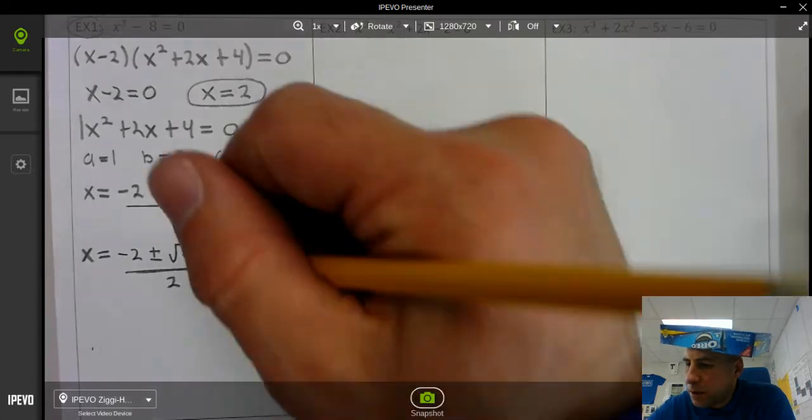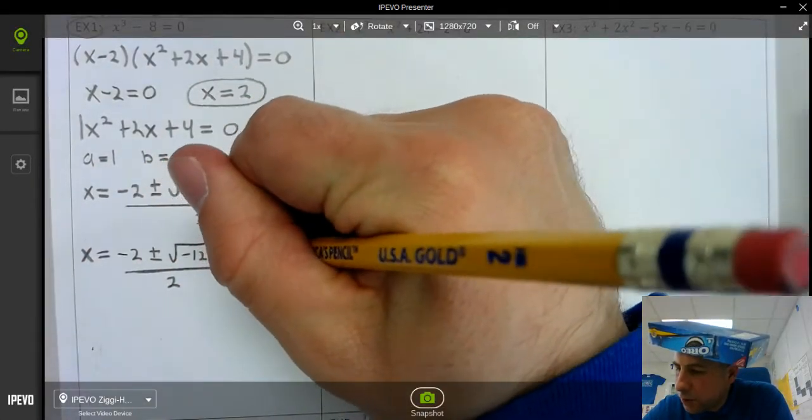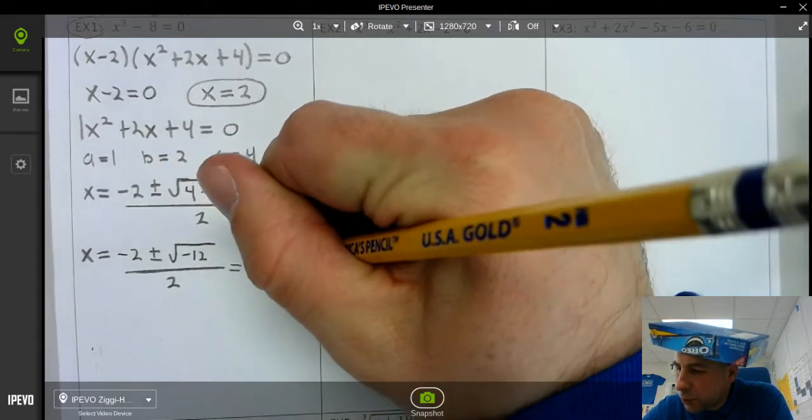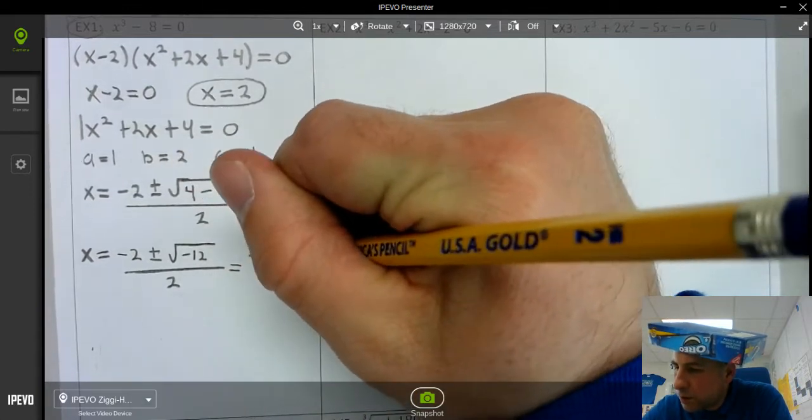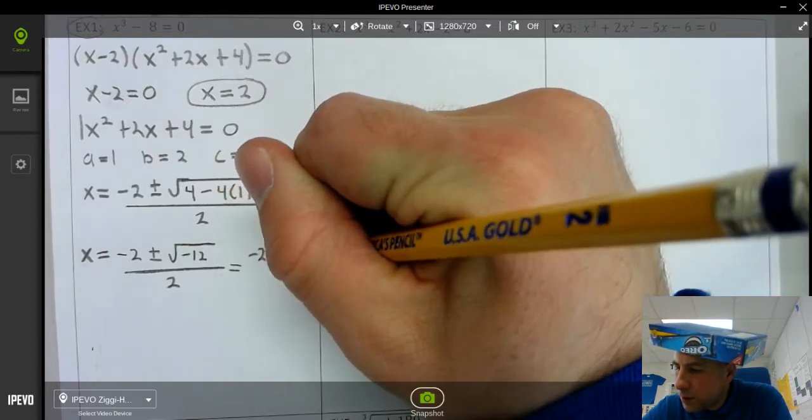That can be written as negative 2 plus or minus the square root of negative 4 times 3.